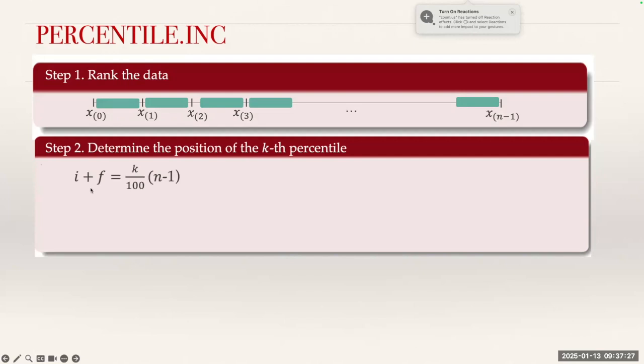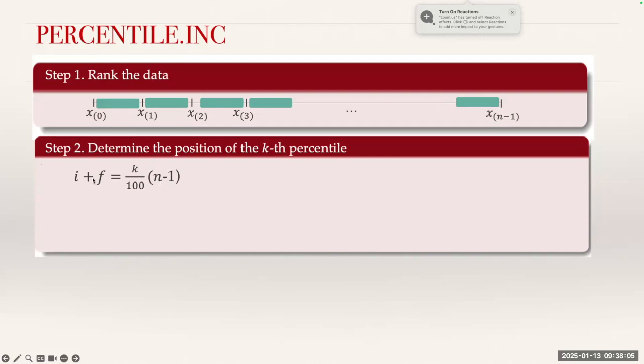Instead of 1 over 2, you are going to use k over 100. And because you go with n minus 1 spaces, you are going to multiply by n minus 1 and divide by 100. So what you are doing is dividing these n minus 1 spaces into 100 parts and choosing k.